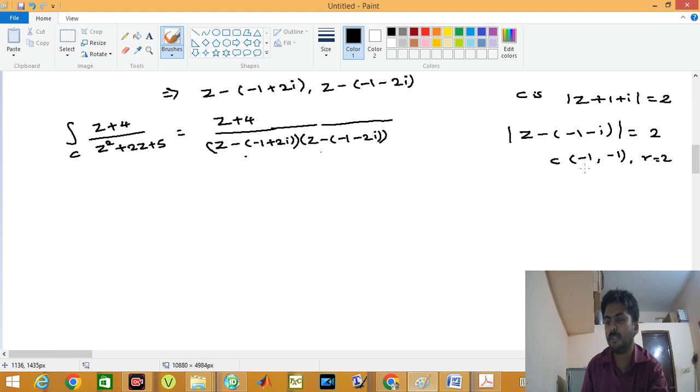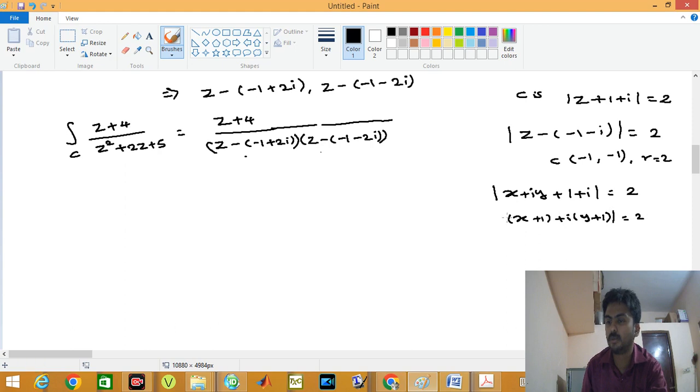This is one way. But what is the actual proper way? We can write z as x plus iy. So x plus iy plus 1 plus i is equal to 2. We can combine real and imaginary parts: (x plus 1) plus i into (y plus 1), with modulus equal to 2.